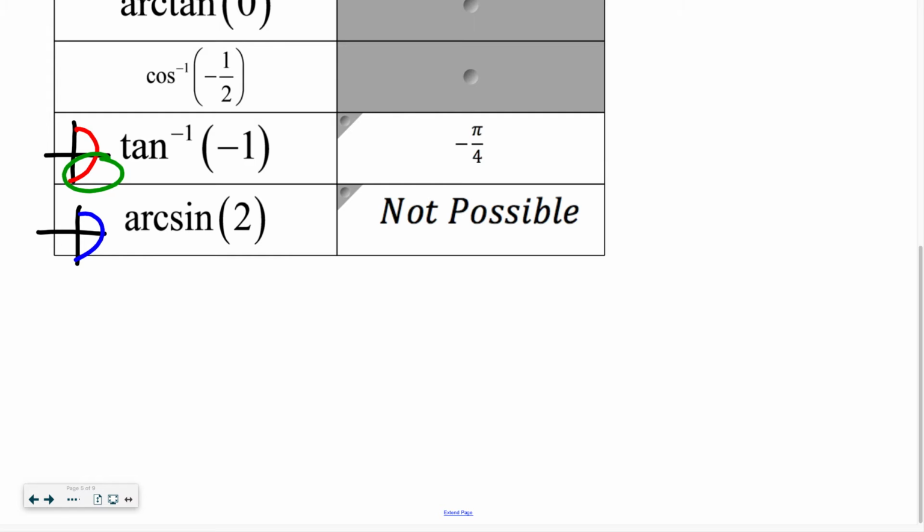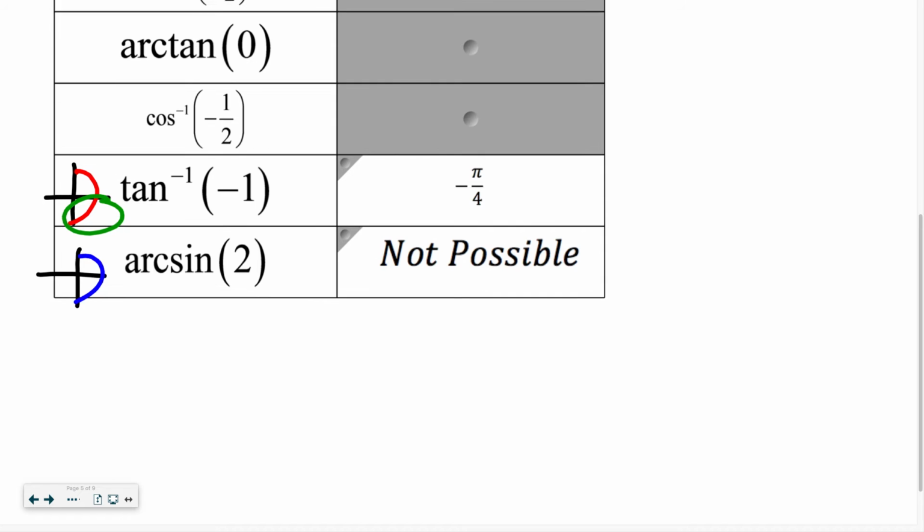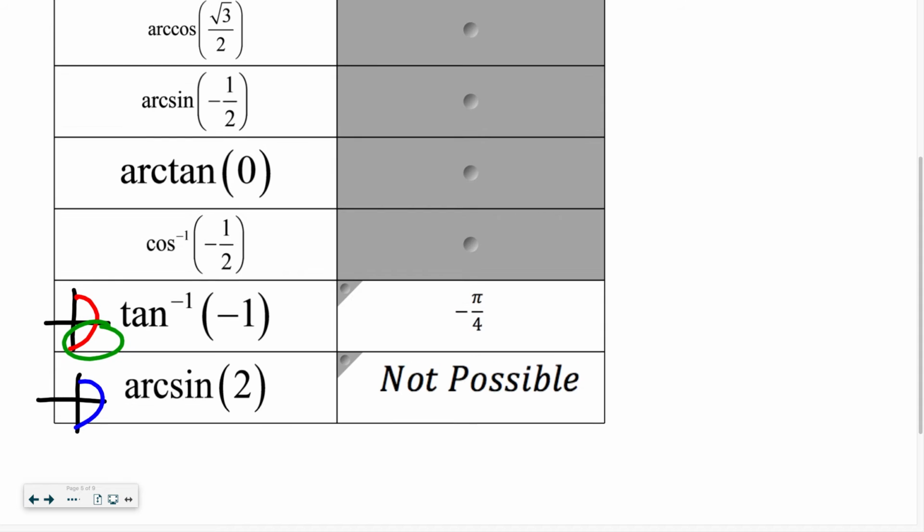Arc tangent of 0. This one can get confusing because you might start to read that as an angle instead of a ratio, because it just looks like a number. So remember, it's saying what angle has a ratio of 0, and the acceptable answers for arc tangent are in quadrants 1 and 4. I would just think about quadrant 1.